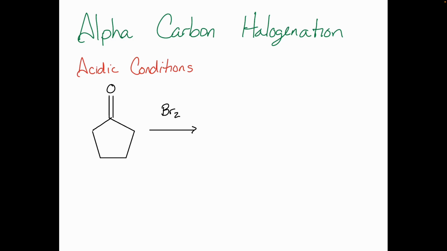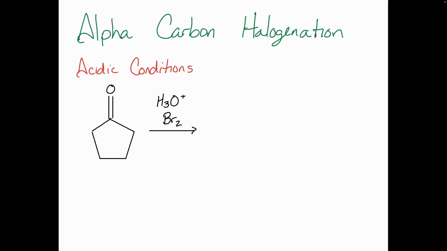And if we react this with bromine under acidic conditions, you don't form an enolate ion. You instead just form an enol. Everyone take a second and draw me the structure of this enol that's going to form under acidic conditions.